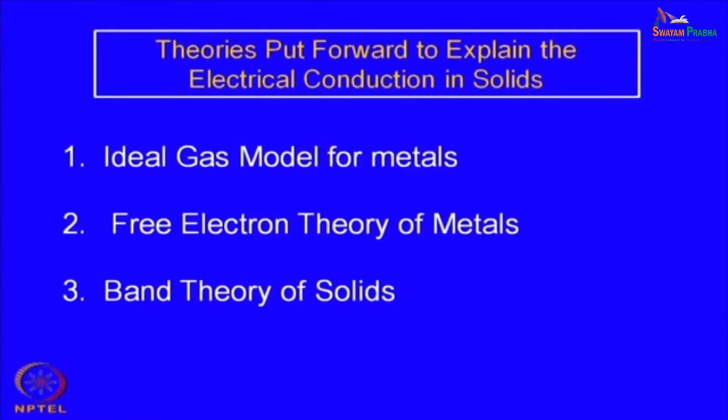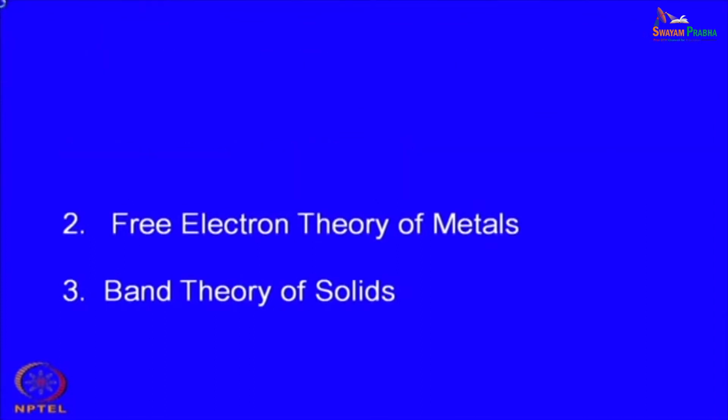Then came the free electron theory of metals, that also had some limitations, and then finally the current model, more or less applicable to most of these materials, is the band theory of solids. So, we will discuss one by one, and what are the different assumptions.